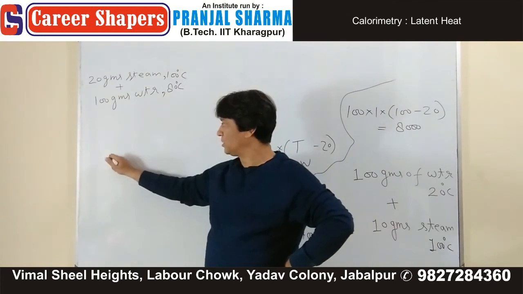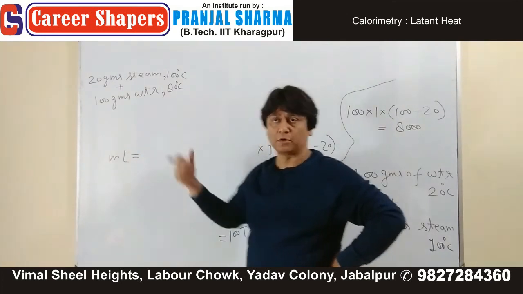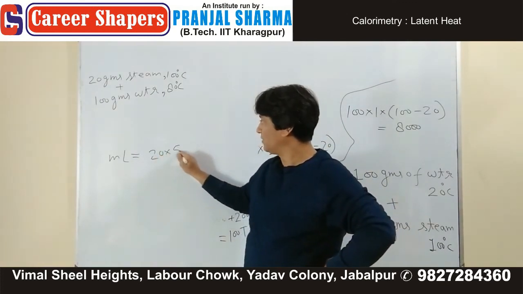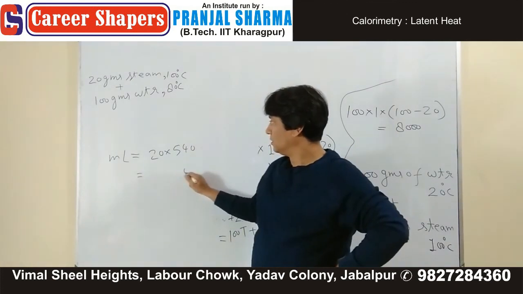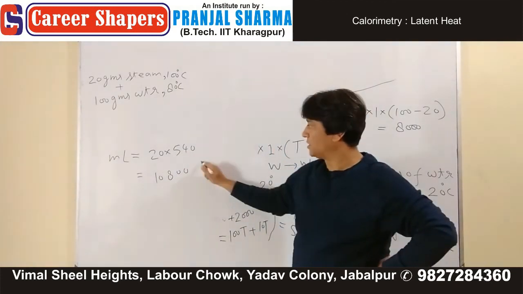If complete condensation took place, then the amount of heat which is coming out from the steam is m into L, 20 into 540, which is 10,800 calories.